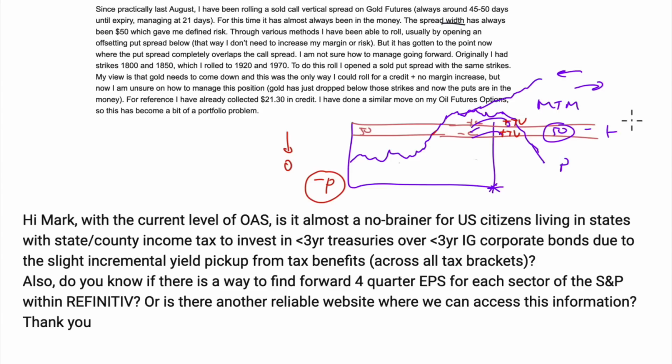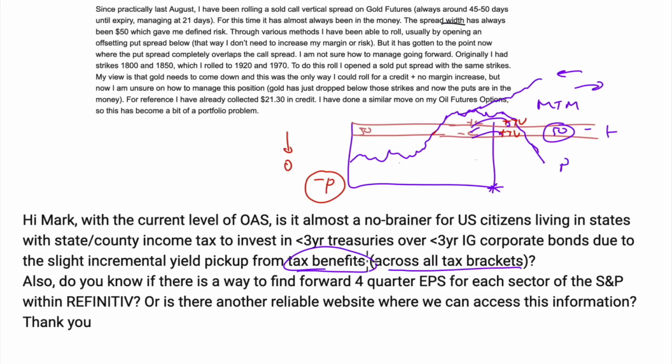Current level of OAS, it is almost a no-brainer for U.S. citizens living in states with state or country income tax to invest in less than 3-year treasuries over 3-year investment-grade corporate bonds due to the slight incremental yield pickup from tax benefits. From tax benefits? I don't know what you mean from tax benefits.